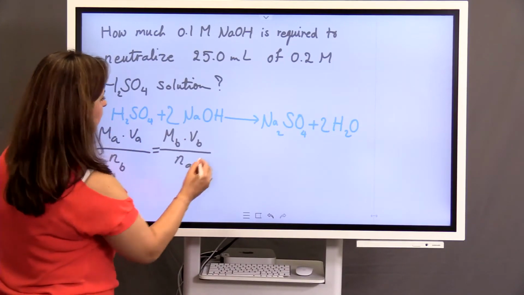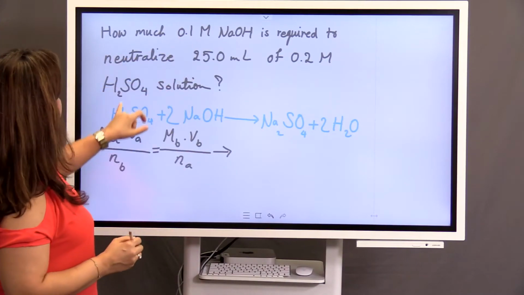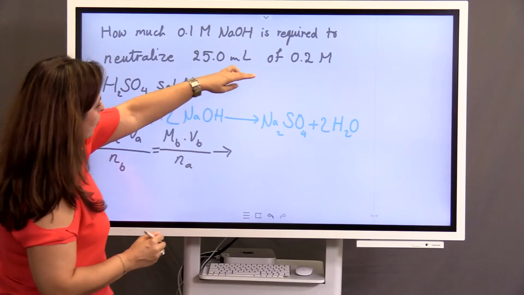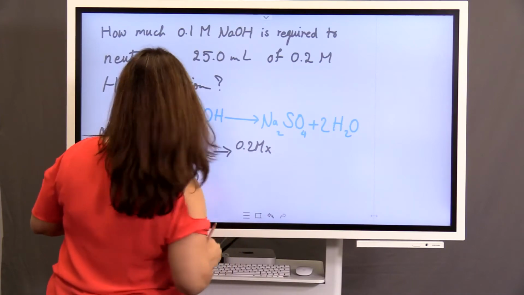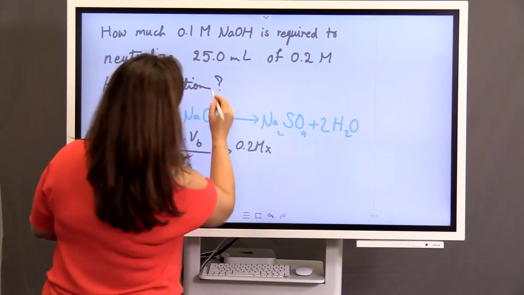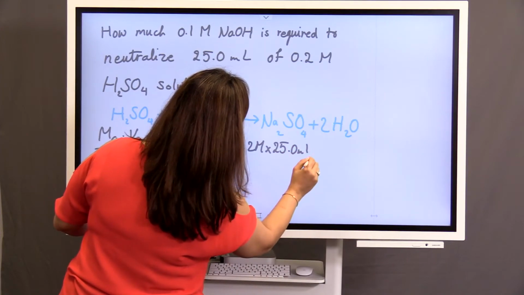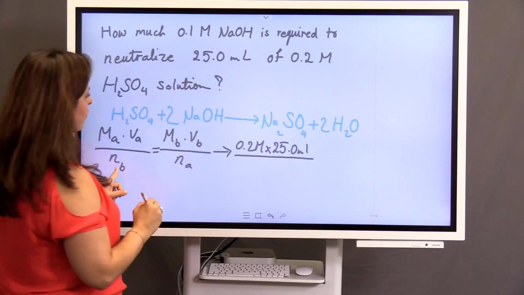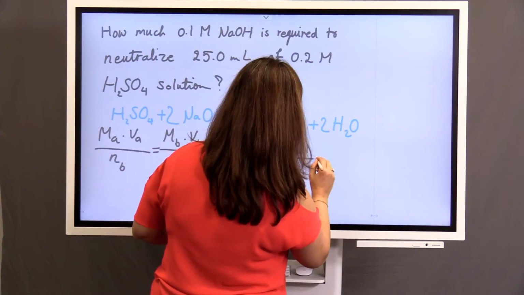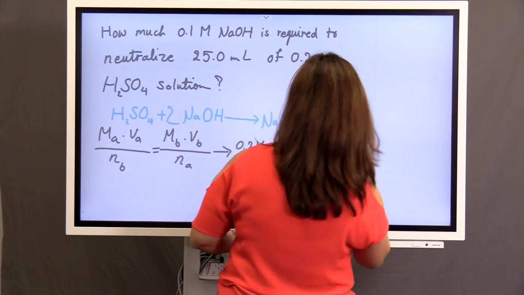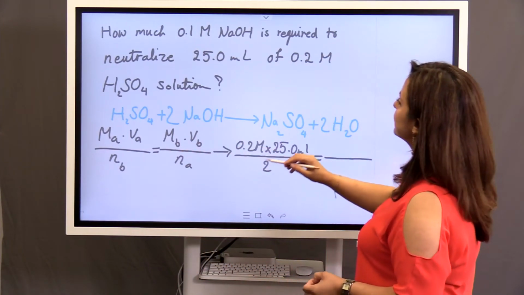So let's do it. Let's start. MA, the molarity of acid, is what? 0.2. 0.2 molar times, what is the volume of acid? 25 milliliters, divided by number of moles of base, which is 2, is equal to the molarity of base.